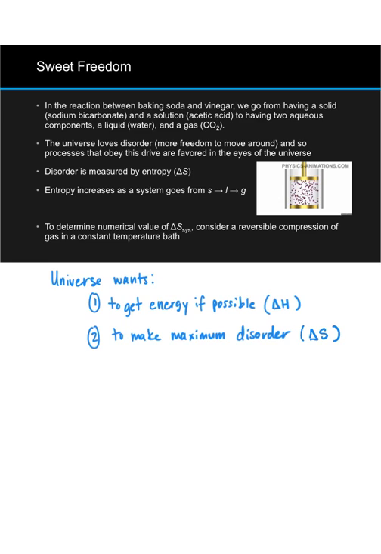The universe really likes to get energy if possible. It gets energy if delta H is less than 0, an exothermic reaction. The universe spends energy if delta H is greater than 0, an endothermic reaction. So, less than 0, the universe is happy. Disorder is maximized when delta S is greater than 0.